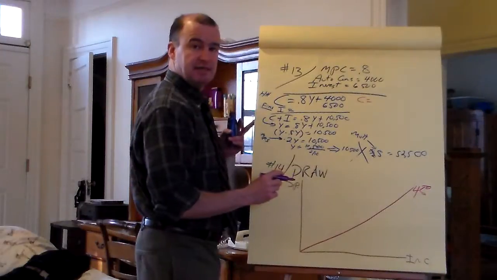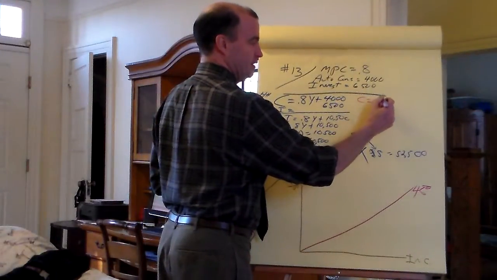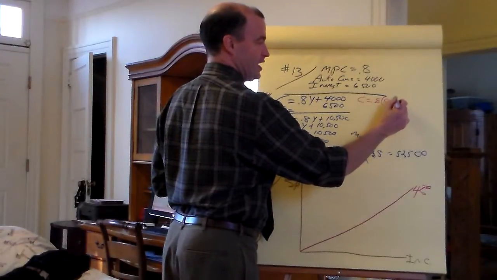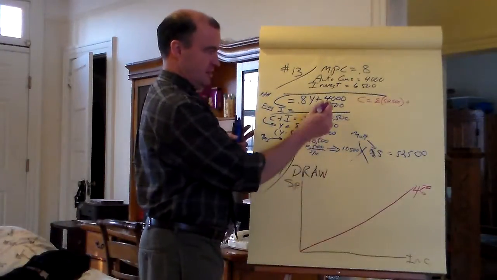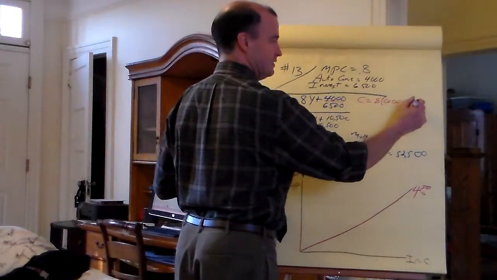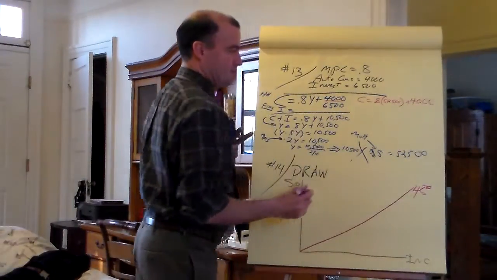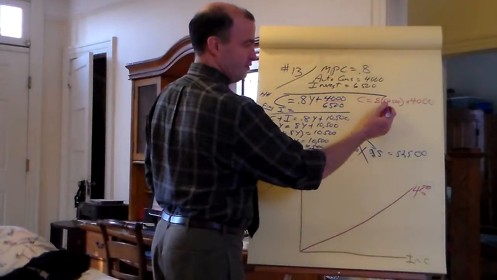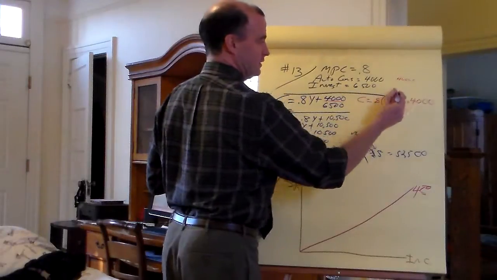The routine always calls for us, once we get the income level, to find the total consumption: 8/10 times 52,500 plus Uncle Harry's gift of 4,000. I take the 8 times the 5 for the 50,000; 8 times that is 40,000 right there.